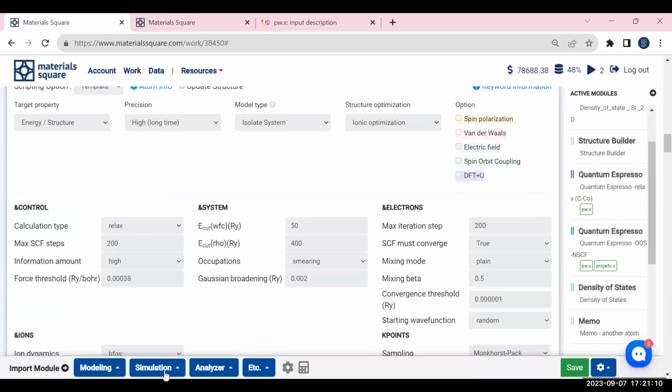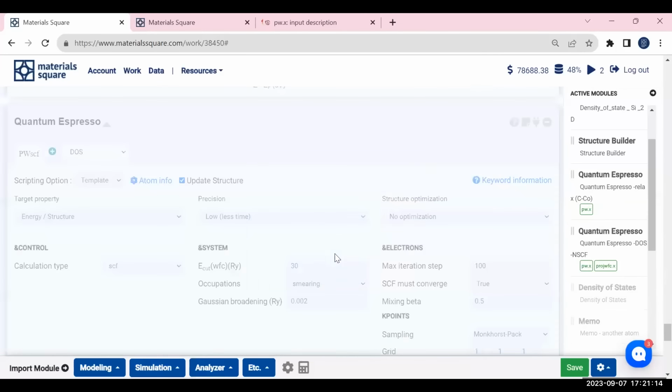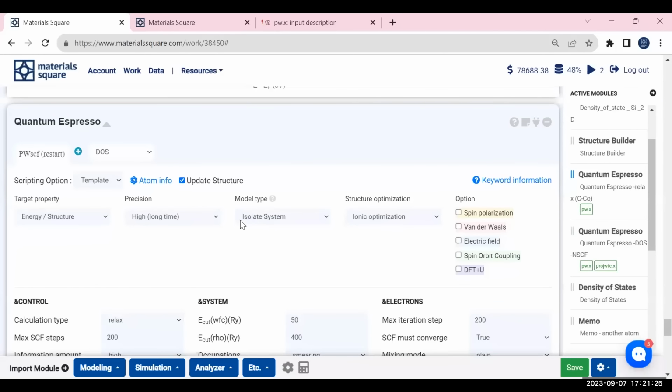So after that, we will just go for Quantum Espresso, general. We need to connect the copper with the graphite, which is the first step of the DFT calculation. In this case, we need to choose density of state calculation, isolated, ionic structure.